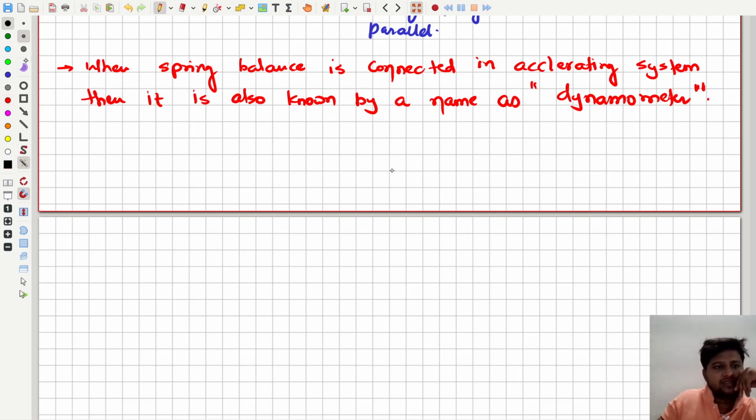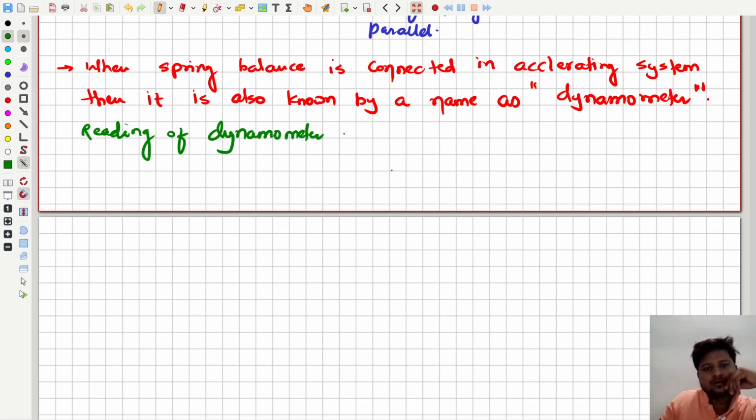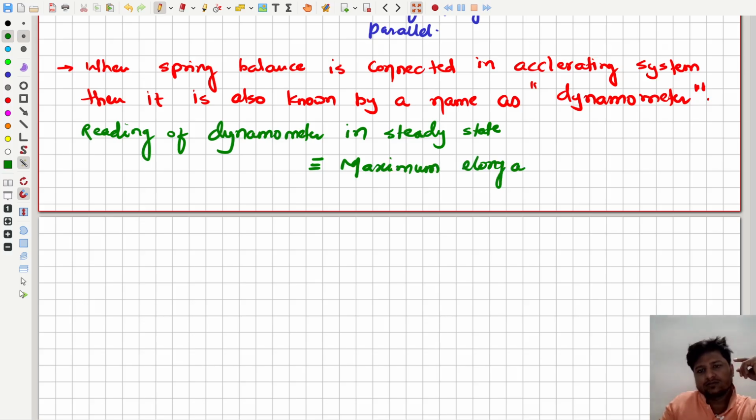if someone asks you to find the reading of dynamometer in steady state, okay, they will ask like this. So again, what it is, maximum elongation with acceleration.